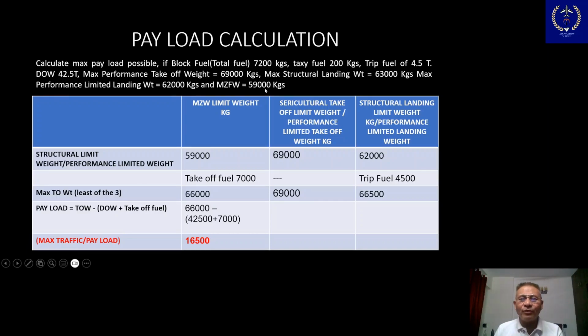So maximum zero fuel weight, I have made the three columns, is 59,000. In that the takeoff fuel is 7,200 minus 200, which is 7,000. We add, it becomes 66 tons.